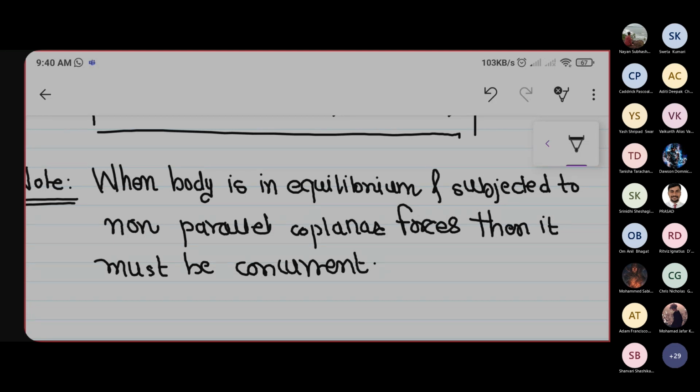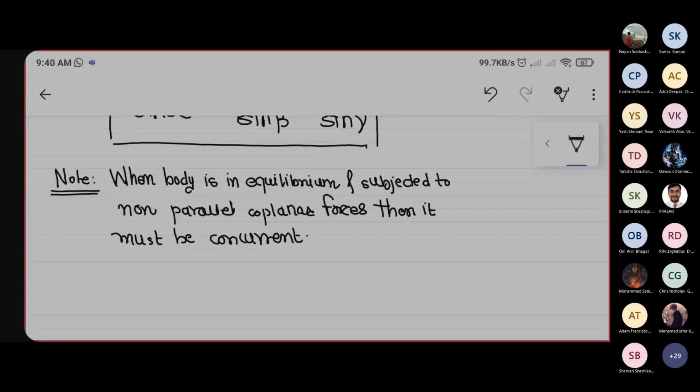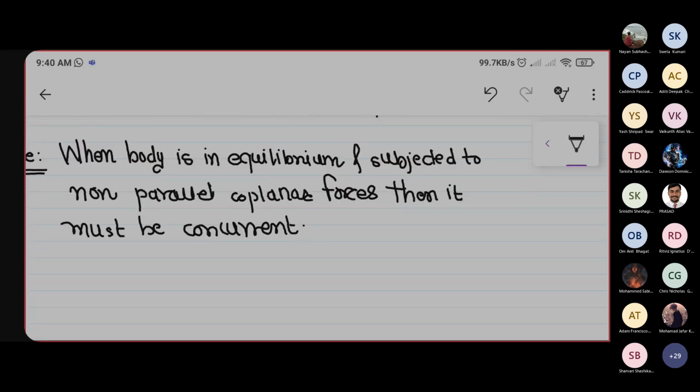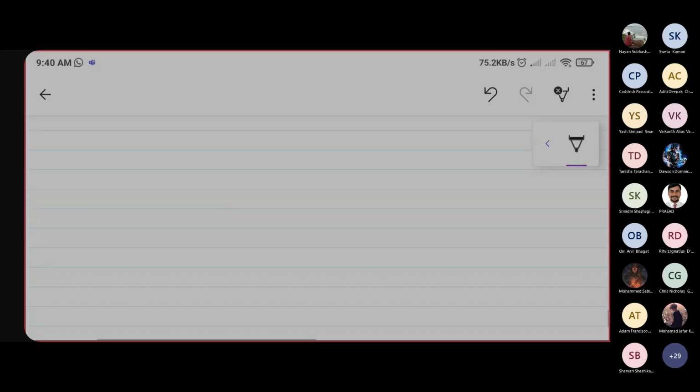Now how can we prove this? Let's see. First of all, read this. When a body is in equilibrium and subjected to non-parallel coplanar forces, then they must be concurrent. Let's draw an arbitrary body.